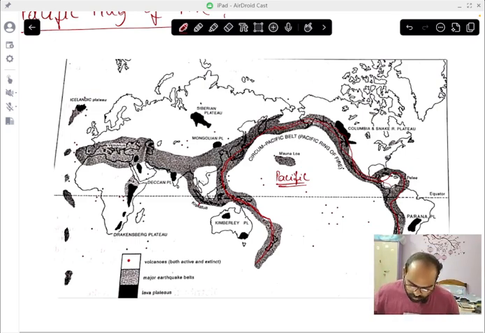Due to convergence, what have we learned? Whenever there is a convergence, we can see deep trenches and volcanic formations. Due to compression of the sediments, a series of fold mountains are formed. These are volcanic in nature.